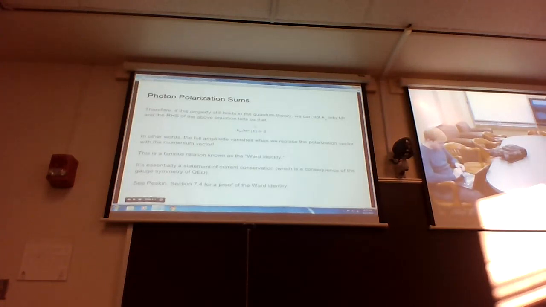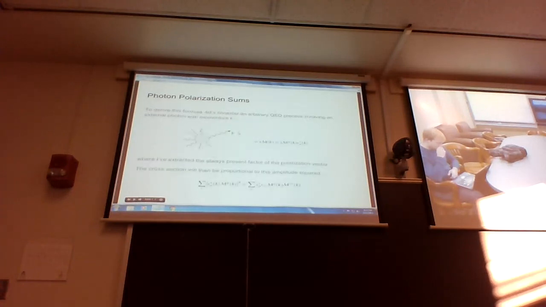And this is a very, very important relationship. It's telling us that the full amplitude vanishes when we replace the polarization vector with the momentum vector. And this would have happened if we had taken any of these photons and done the same analysis.